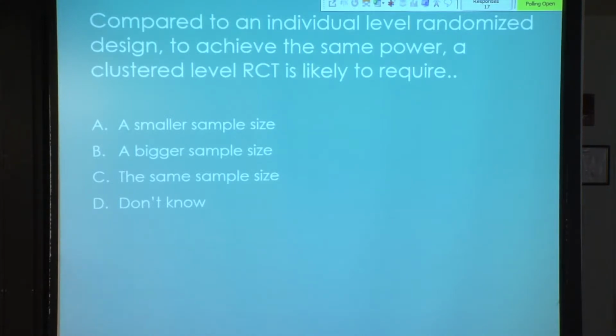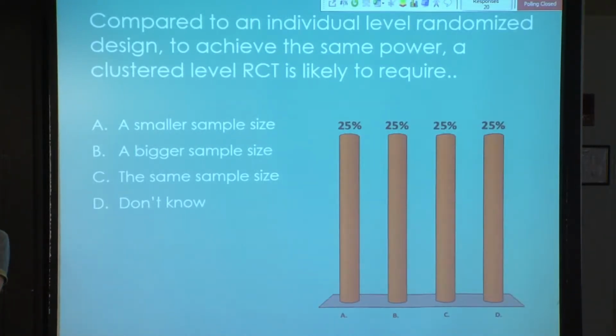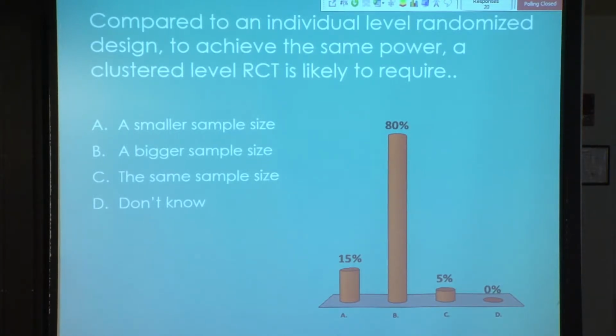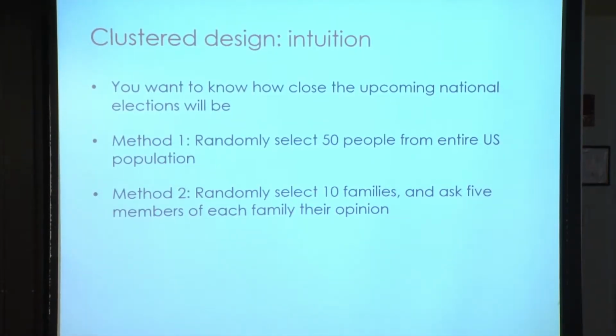To achieve the same power, will we need more people, less people, or the same number of people? Will we need to interview the same number of people, more people, or less people, if we want to get the same power? Okay. We'll need a bigger sample for a clustered trial.